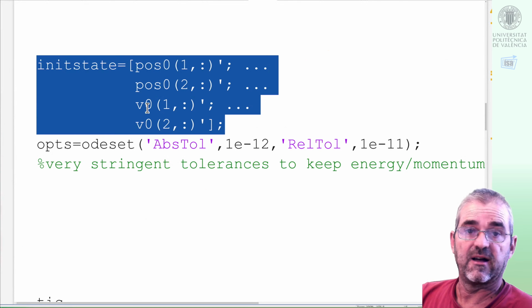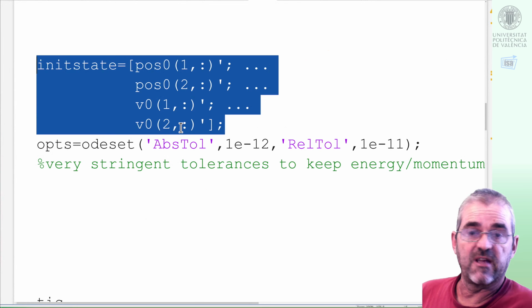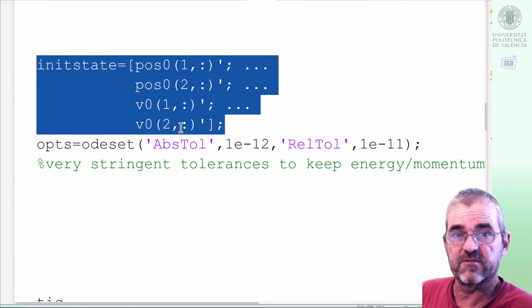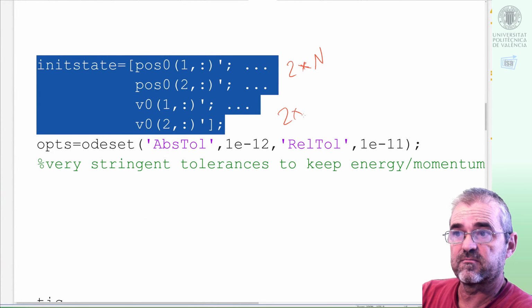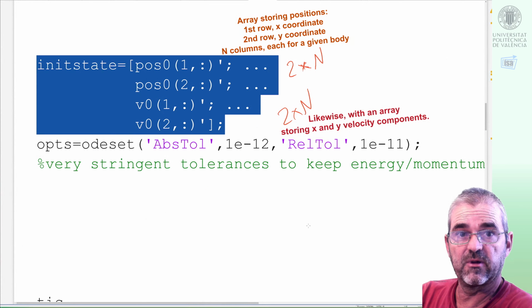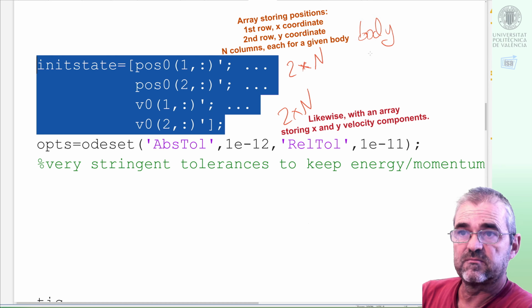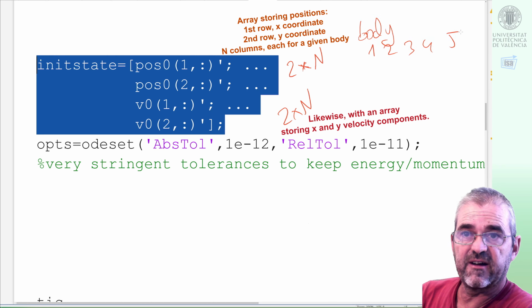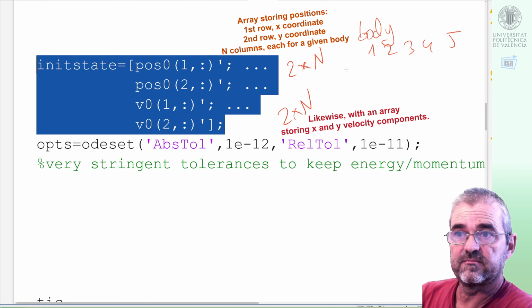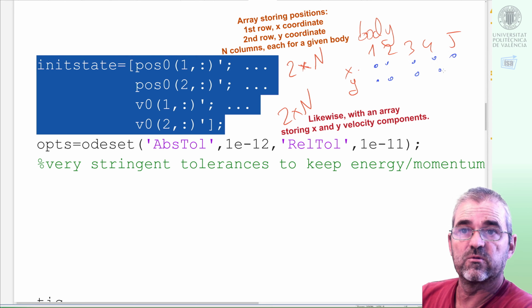In here, I will use some temporary arrays storing positions and velocities, which will be encoded as 2 times n matrices, so columns refer to each of the objects. Body 1, 2, 3, 4, and 5, they have a position x, a position y, and same for speeds, in row 1, x, and row 2, y.